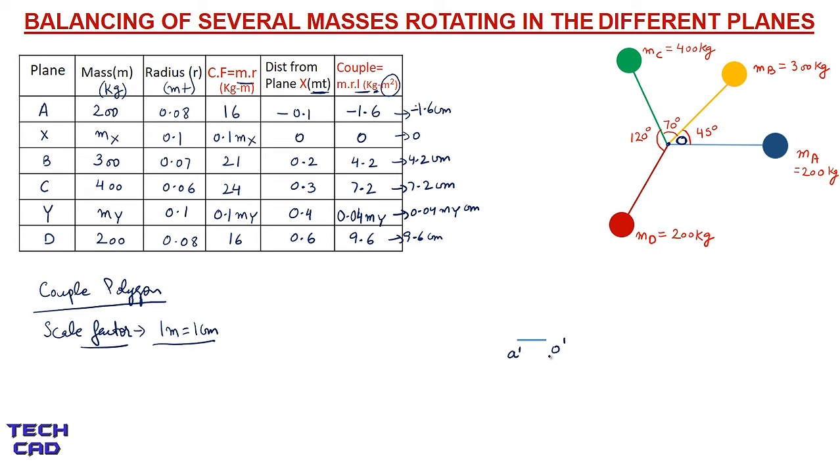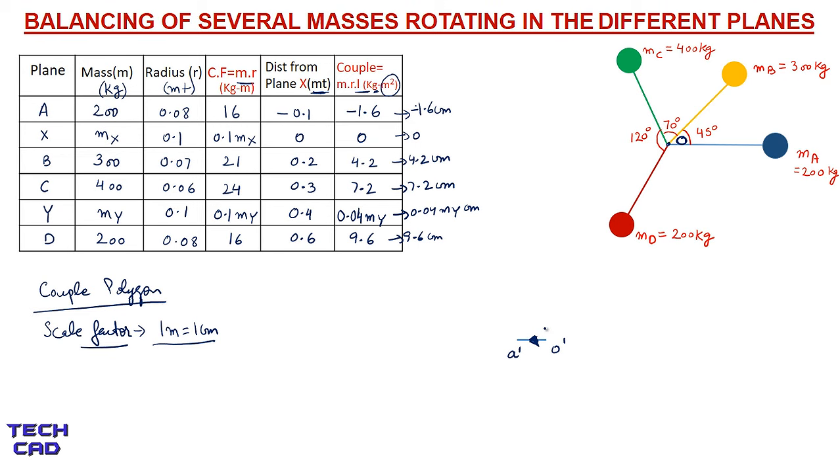Basically I am starting my couple polygon from the center of the space diagram, which is O. I will take it as O dash, and the direction is to the left side because it is negative. If it is positive, we have to take it on the right side.